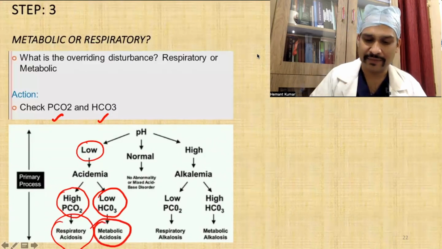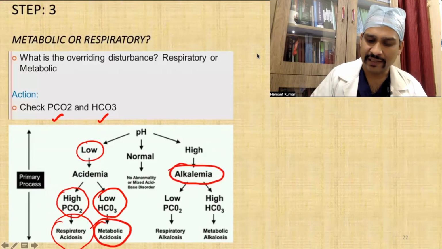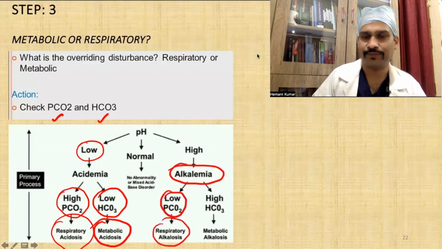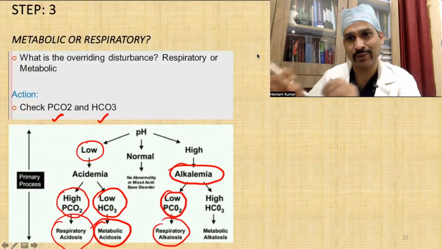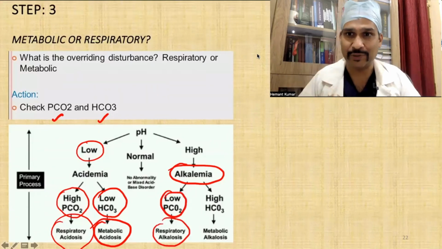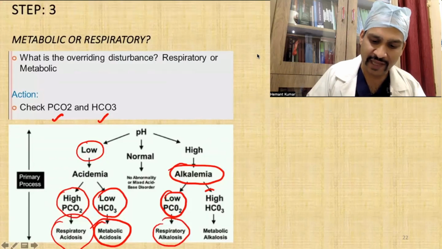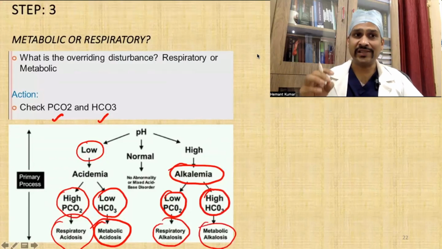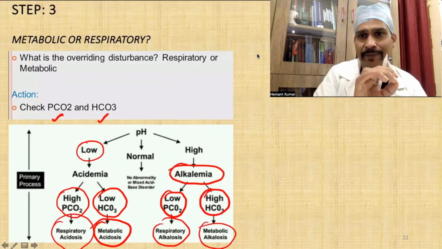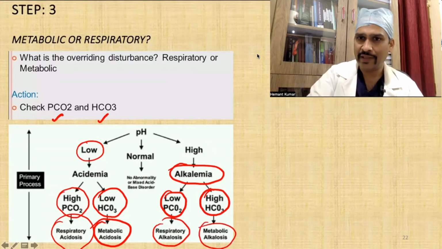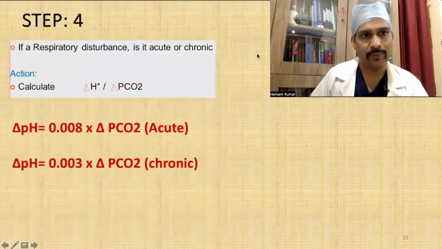If pH is high, it means there is alkalemia. It can be respiratory alkalosis if PCO2 is low, because high PCO2 is acidosis, low PCO2 is alkalosis. If there is high bicarbonate, it means metabolic alkalosis. So this is how we have to look at step 3, whether it is respiratory or metabolic.